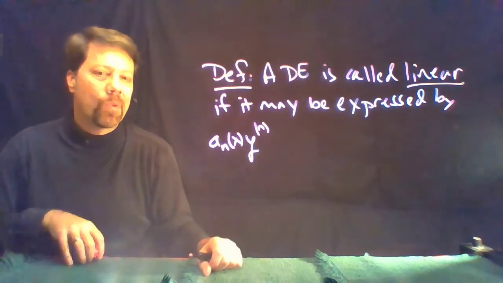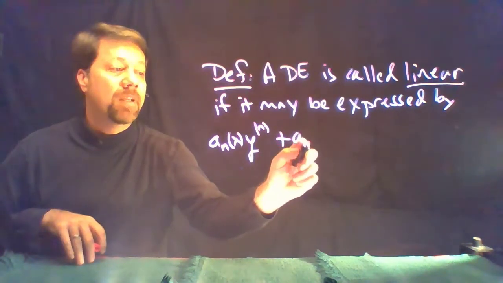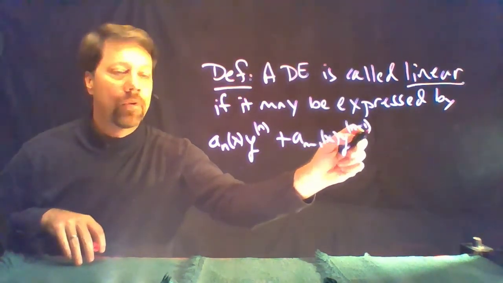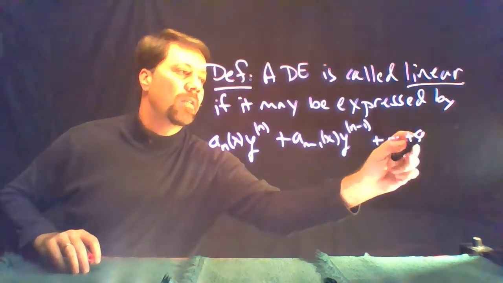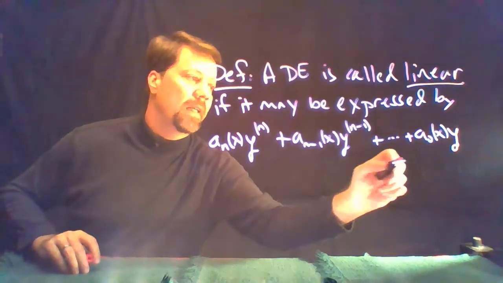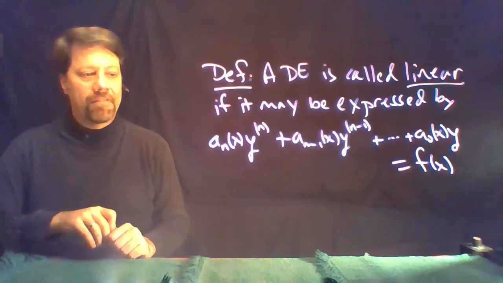A superscript in parentheses means that many derivatives, plus maybe another function of x times the next lowest derivative of the unknown function y, plus some function of x times the unknown function equaling some arbitrary function f of x.